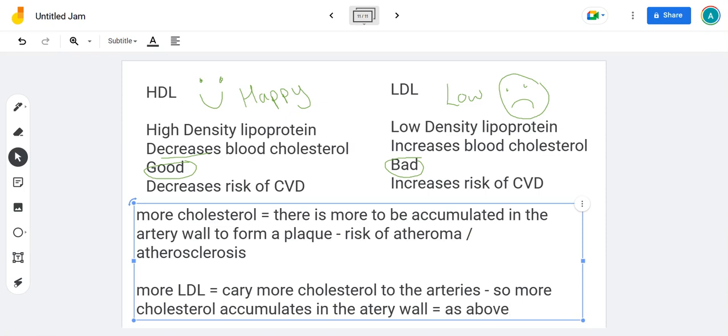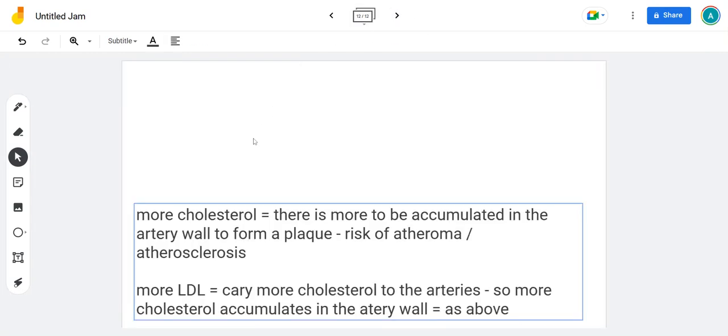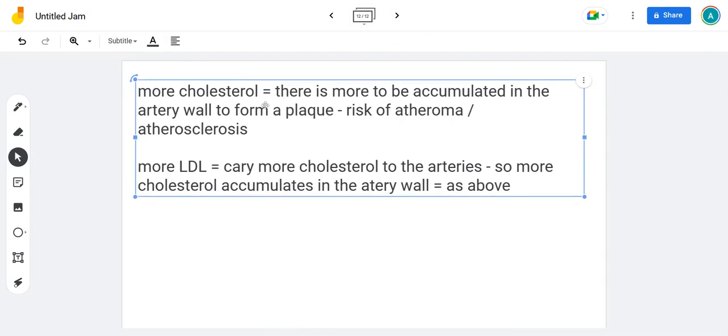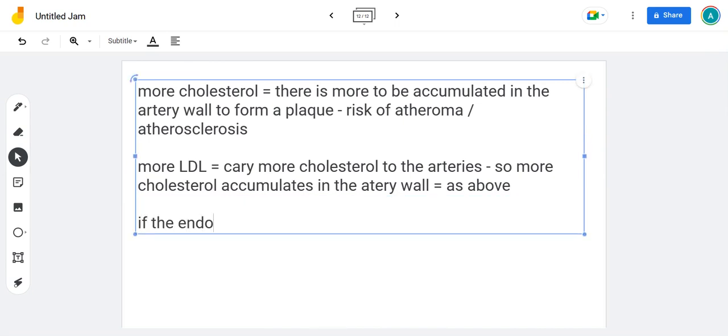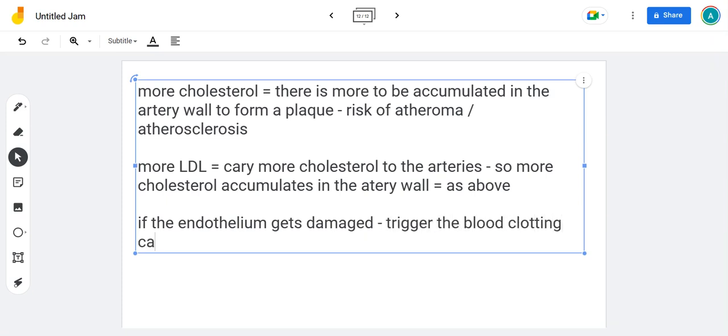Remember then, once you've got the atheroma in the artery wall, if the endothelium gets damaged, it's going to trigger the blood clotting state.